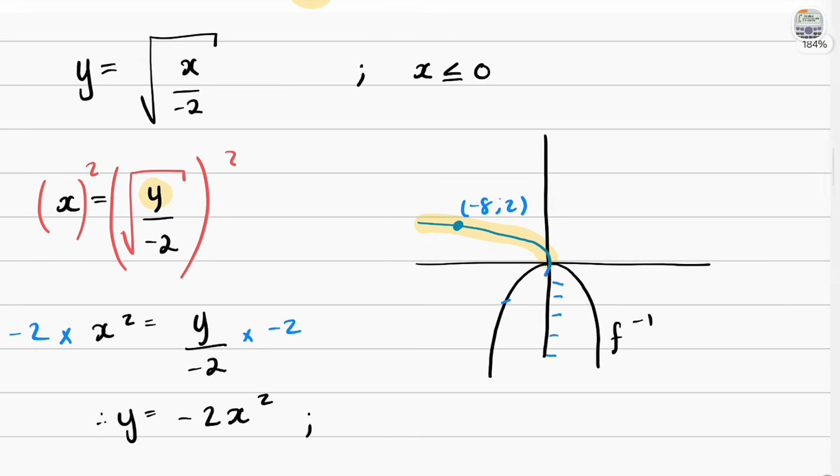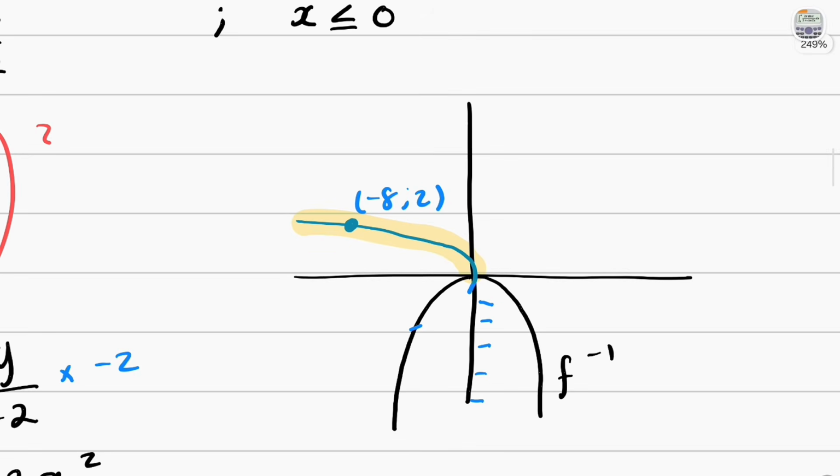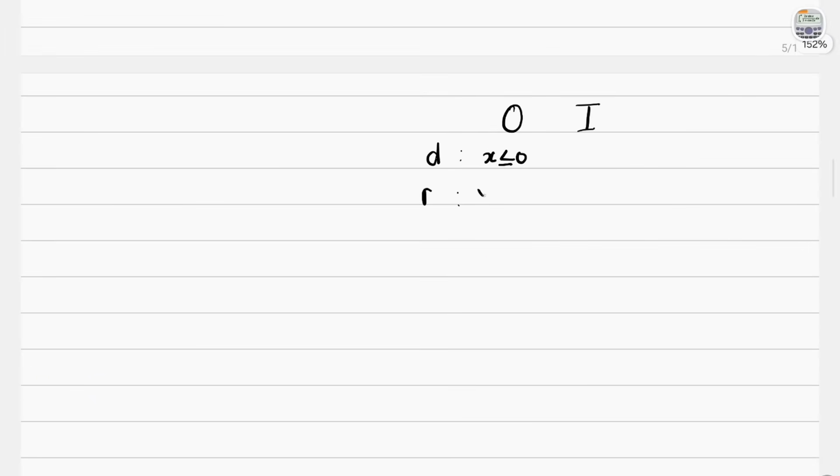So we can clearly see here that the range of the original is where y is greater than or equal to 0. This will only have values of y that are either equal to 0 or greater than 0. That's where we have y values here.